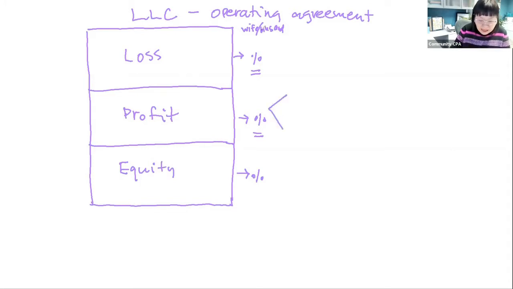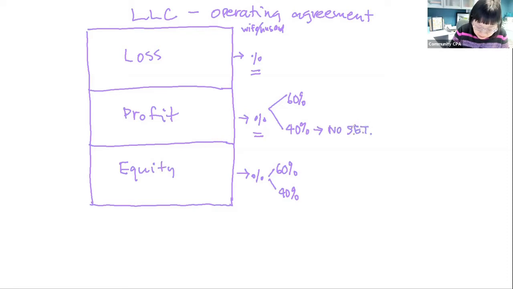So if I am working this business with my spouse, I want to say 60-40, okay? Because my spouse is the one really working on it. I am just the one watching him struggle, right? So when there is a profit, I may say it's still 60-40, but my 40 has no self-employment tax because I am not working in it.